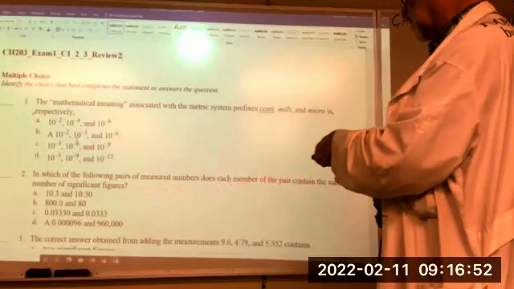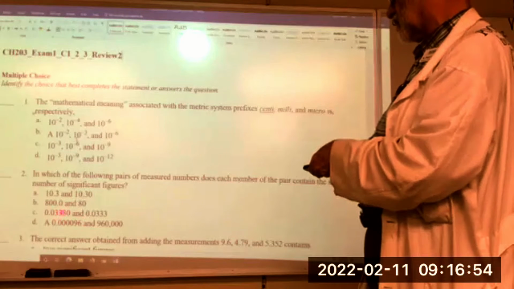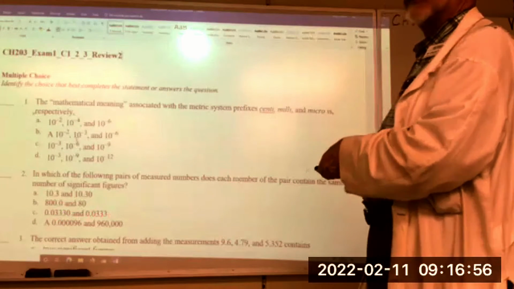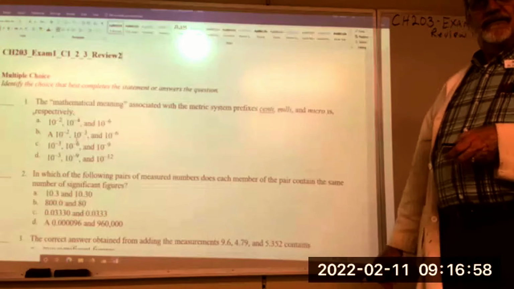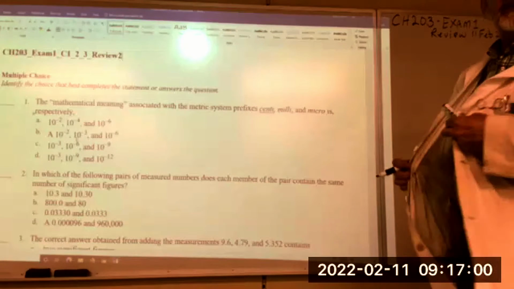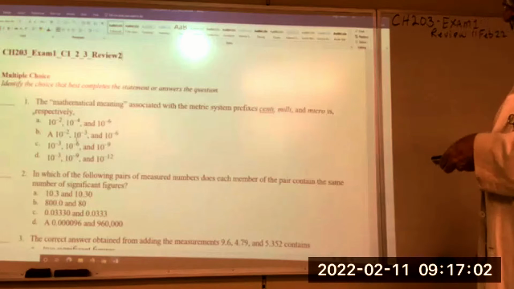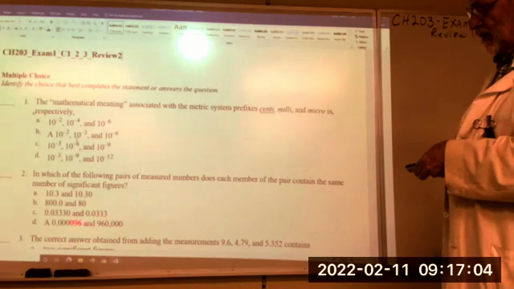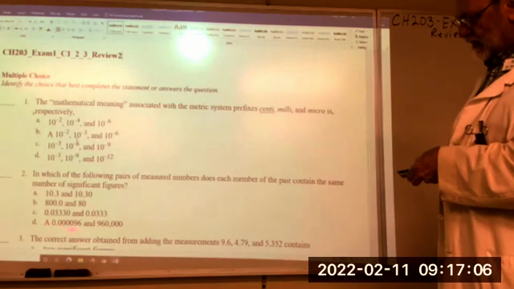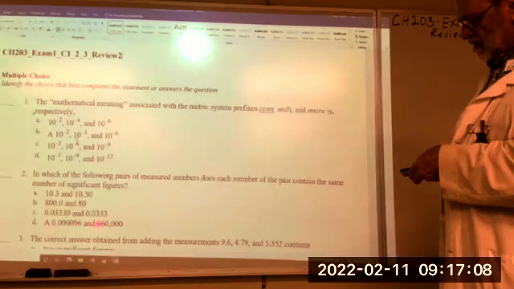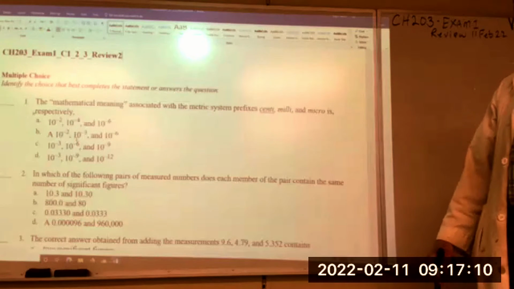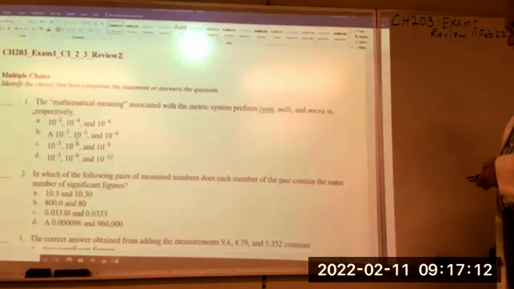Each member of the pair contains the same number. That one's got 1, 2, 3. Oh, 3. Excuse me. Speak up, catch me if I'm wrong. So that one's not it. And this one should be it because it's got the A in front of it. 2 and 2. Yep, that's it. The same number of significant figures.